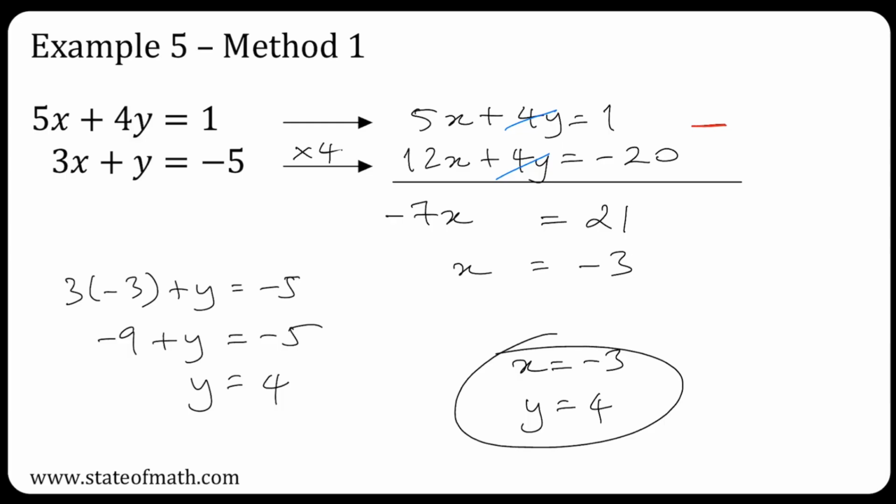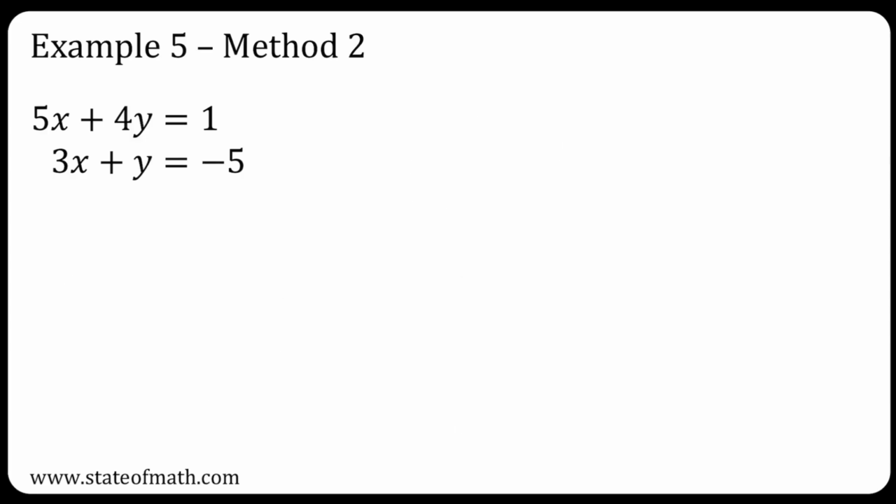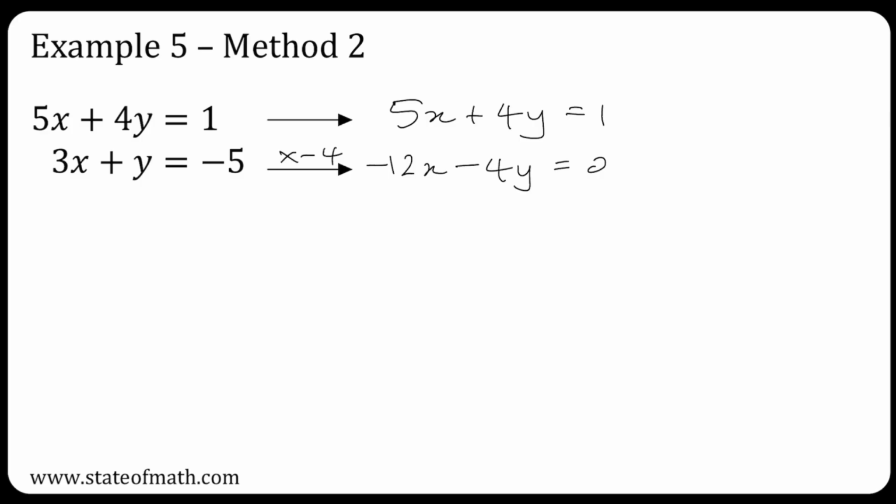Some students do not like having this minus minus, and they prefer to always add the equations. To do that, they need to create opposite coefficients. So in this case, I'll keep the first equation the same, and I will multiply the second one instead of by 4, by minus 4. This will give me minus 12x minus 4y is equal to 20.